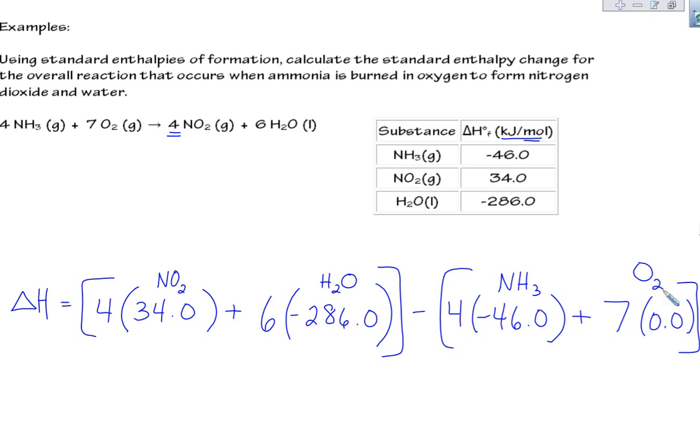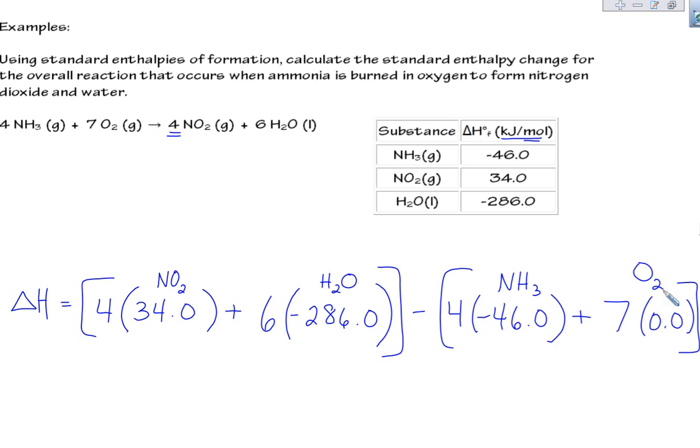So again, common mistakes: it's products minus reactants. Another common mistake, look at the coefficient in the balanced equation. And sometimes people have this set up right, and they just make errors when they plug it in their calculator. Like they miss minus a negative or something. So I usually just simplify these 2 groups.